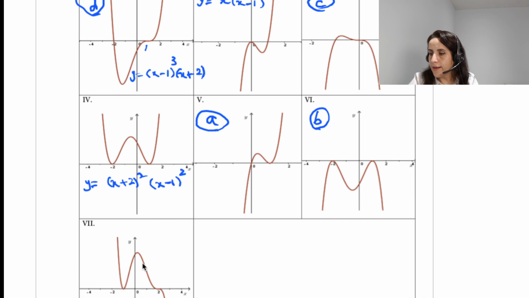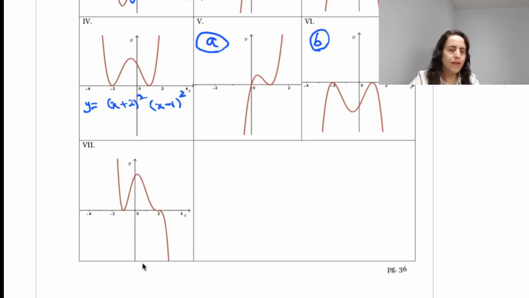I'm going to the last one. Let's see if I can write down an equation for this. Here I'm gonna have y equals, x equals negative 1, then it's gonna be x plus 1 to the power of 2 because it's a bouncing point, and also I have x minus 2 to the power of 3 because it's an inflection point.